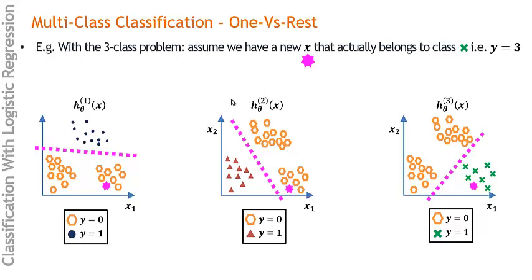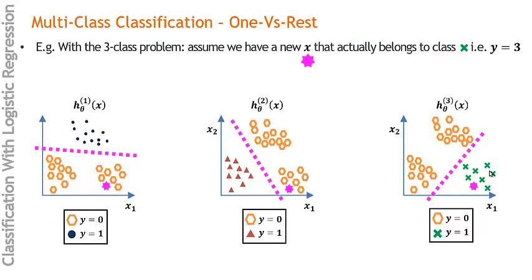If I apply the 3 classifiers to this data point, the first classifier classified it as 0, which means not in this class. The second classifier similarly classified it as 0, which means not in this class. The third classifier classified it as 1, so it's in this class.